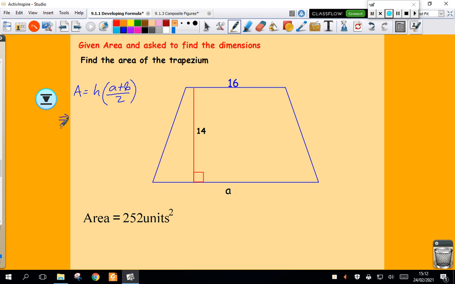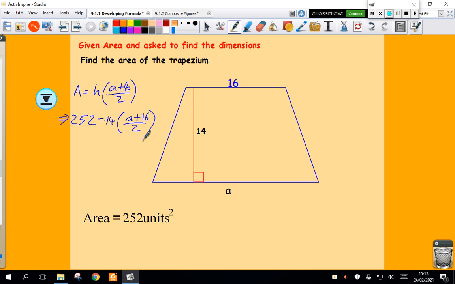So just substituting into my formula, the area is given here, that's 252, and that's equal to the perpendicular height, which you can see here is 14, times the average base length, well, that's A plus 16 over 2. Add the bases together, divide by 2.